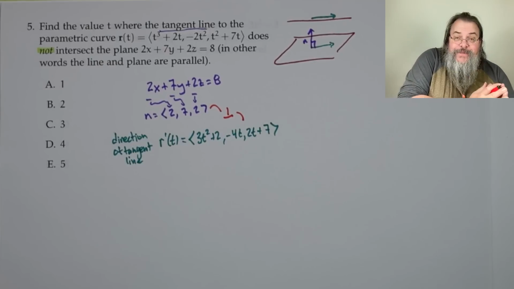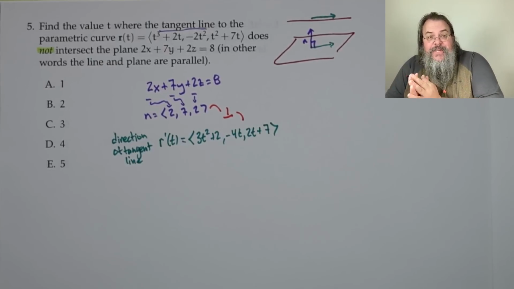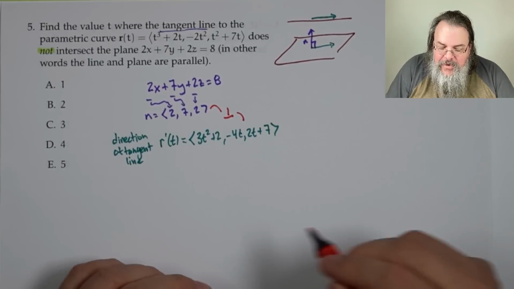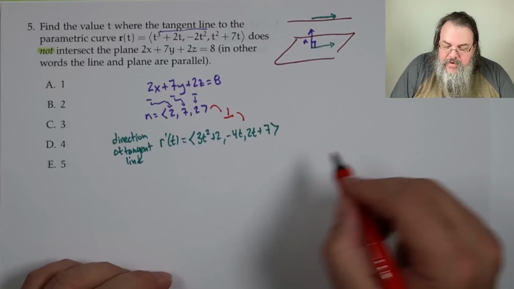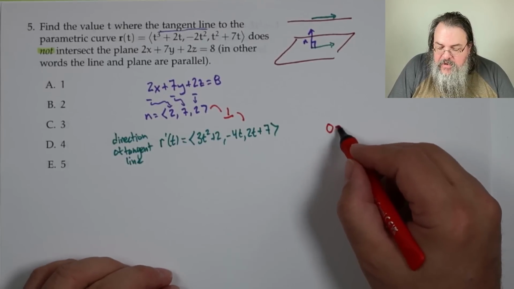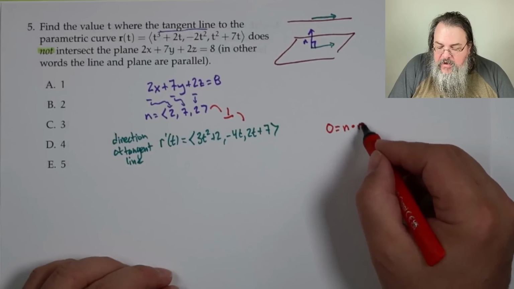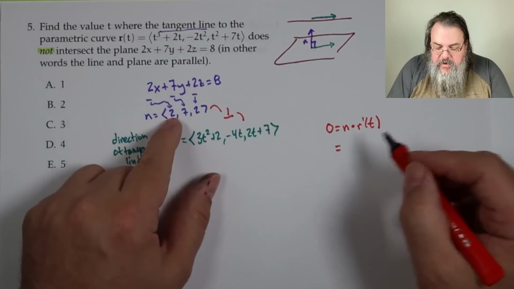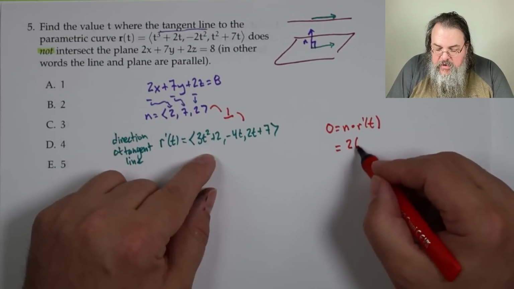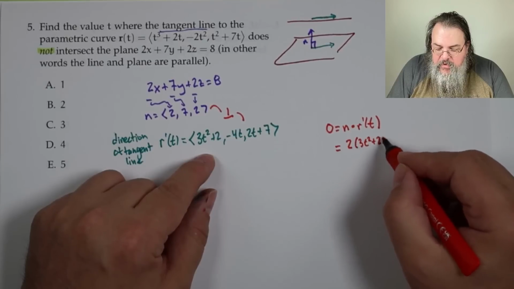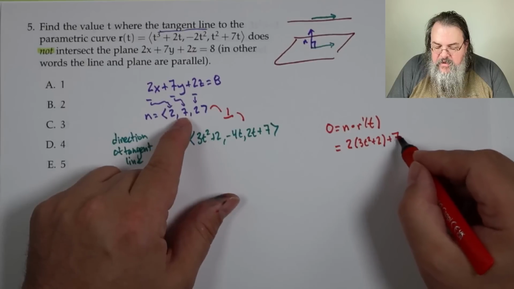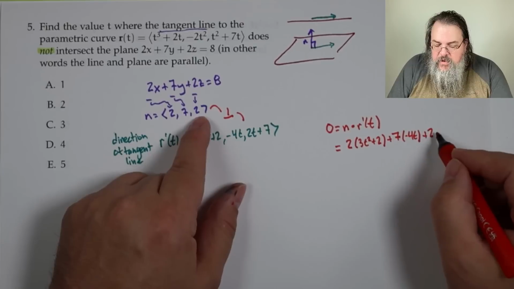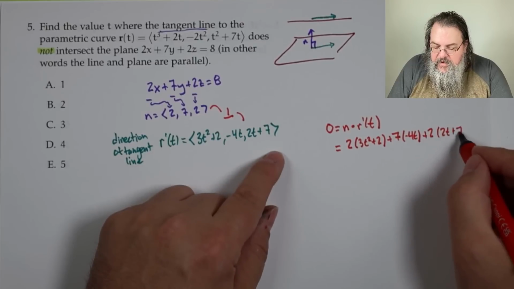How do we know if two things are perpendicular? Two things are perpendicular if the dot product is 0. So this is going to set up an equation. In particular, we have that 0 is going to equal n dot r prime of t. So now we just do our dot product. That's going to be 2 times 3t squared plus 2, plus 7 times minus 4t, plus 2 times 2t plus 7.